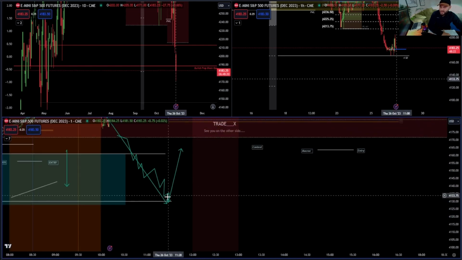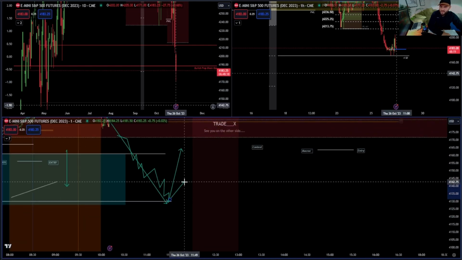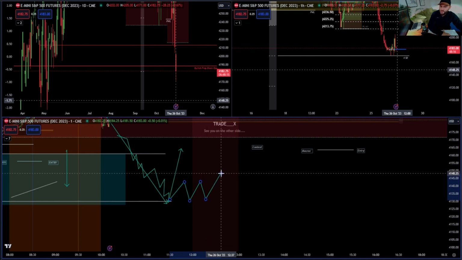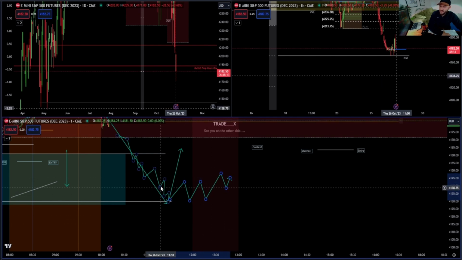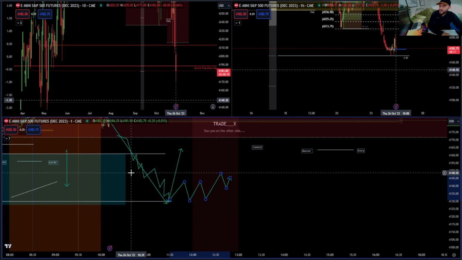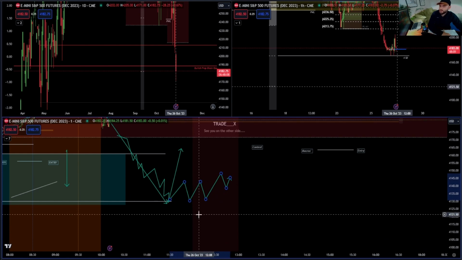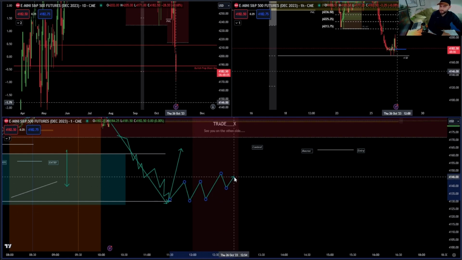Okay, so if we get down to a London close reversal and price does all this, and we're anticipating lower prices, what could we be looking for if we got to this time?